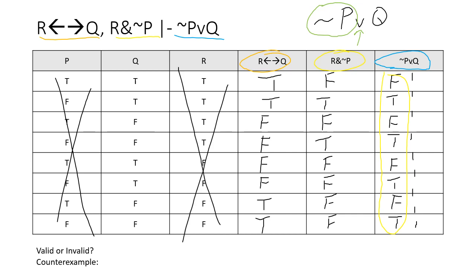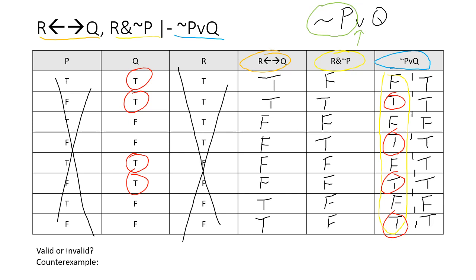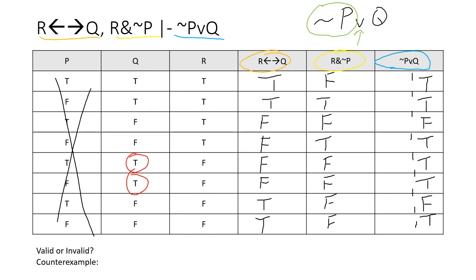So where is a wedge true? Well, it's true wherever one of the sides is true. So that's going to be true, true, false, true, true, true, false, true. And again, we can just erase this column because we don't need it anymore. We can erase all this.